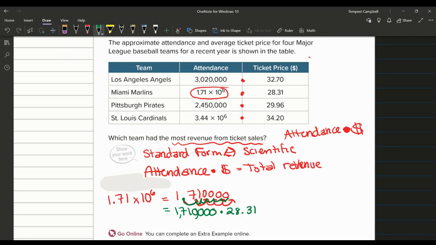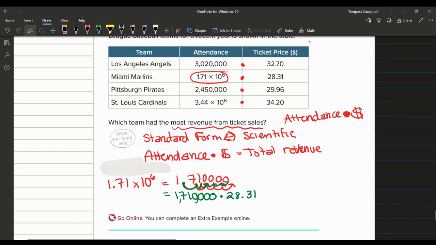Then you're going to do the same thing for the St. Louis Cardinals. We're going to take this number, 3.44, and it's similar to the number we just made. Since it's times 10 to the power of 6, we go 1, 2, 3, 4, 5, 6, so that means I have 4 zeros.